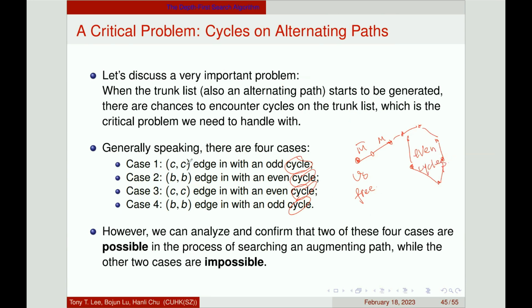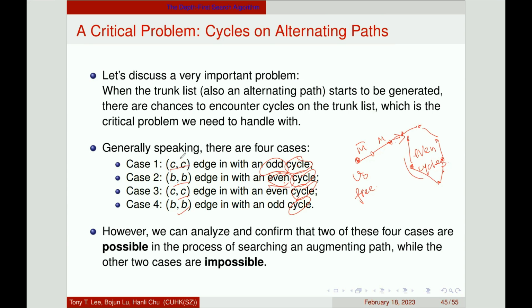So in the combinatorial sense, if we have a cycle, the cycle is either odd or even, which means that the length of the cycle is either odd or even, no other chance. And then we have a cycle and we have an edge into it. We say that up to now, we already have the coloring, right?